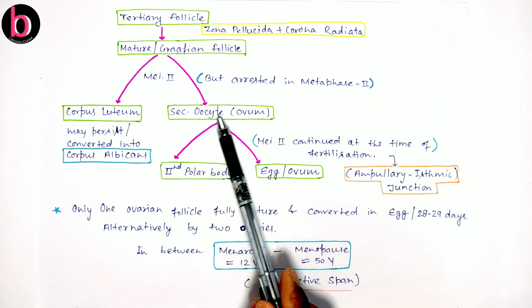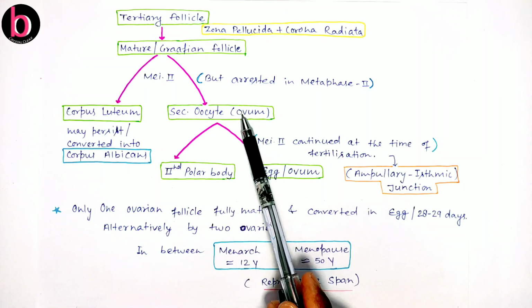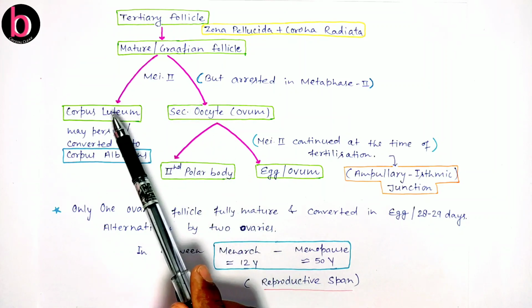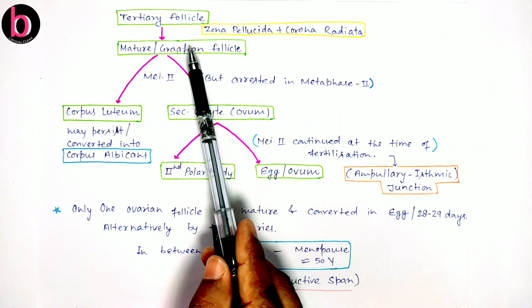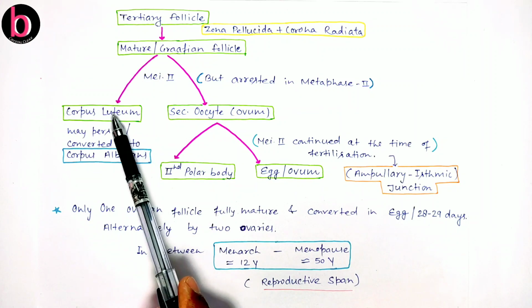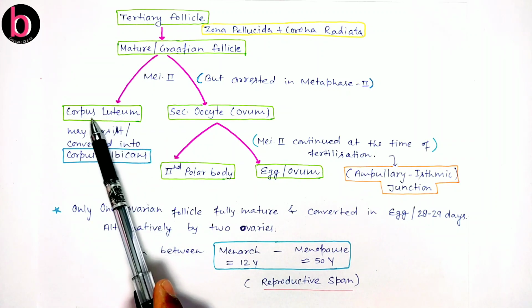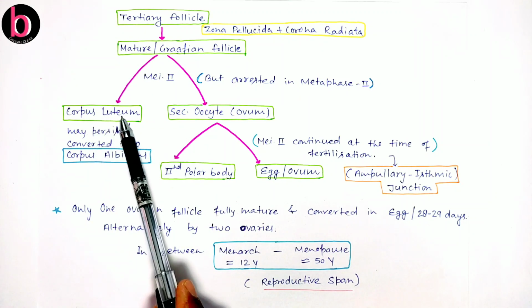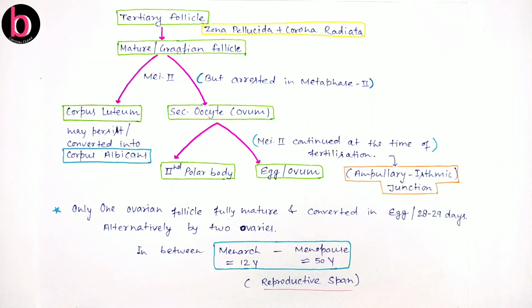So this secondary oocyte later on further participates in meiosis II, but before that, the remains of the mature or Graafian follicle get converted into another structure known as the corpus luteum. We already discussed that the corpus luteum is a temporary endocrine gland in the female body that is related with progesterone.